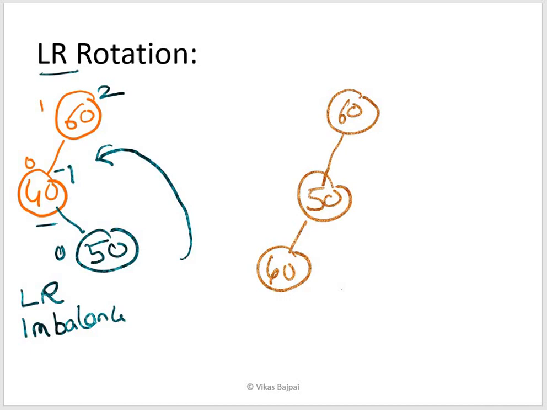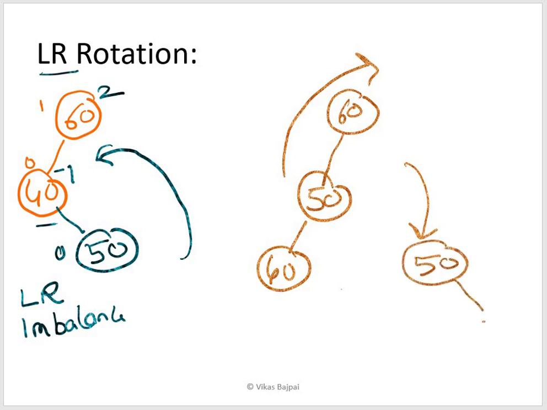Now next is this one. We went for left and now we are going for right. So this would result in 50 as it is, 60 goes to the right-hand side, 40 remains as it is.